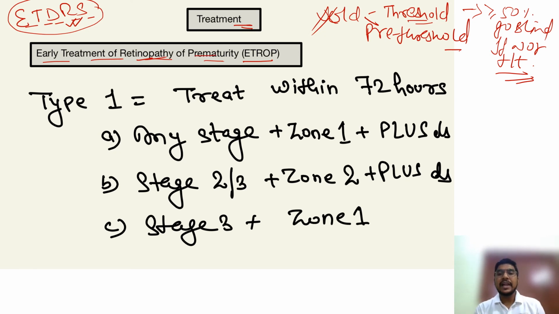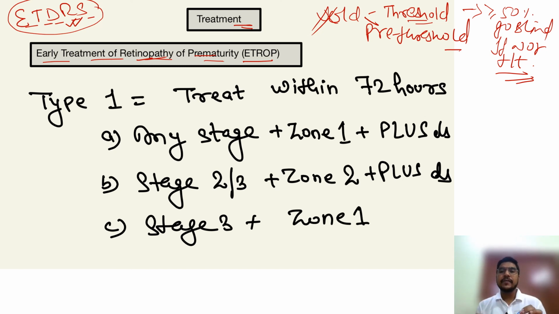Now they have classified the disease into two parts, type 1 and type 2. Type 1 requires treatment within 72 hours and type 2 requires just observation. But you should know what comes under type 1 and what comes under type 2.